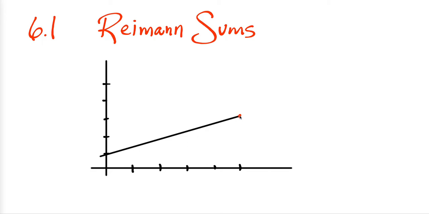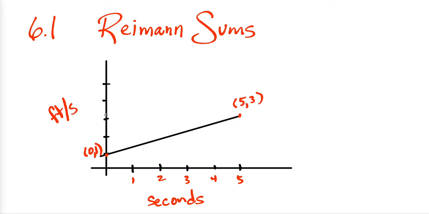We'll make the straight line end at 5, 3. I guess I'll just go by 1 since I already wrote that. I will pretend this is walking or something. So it's slow.